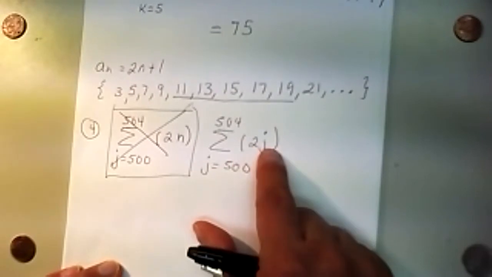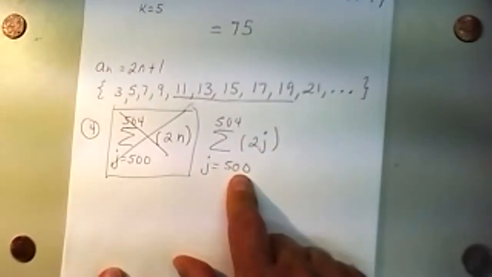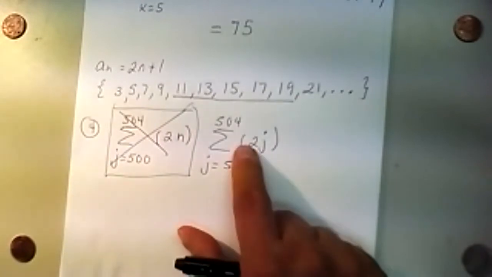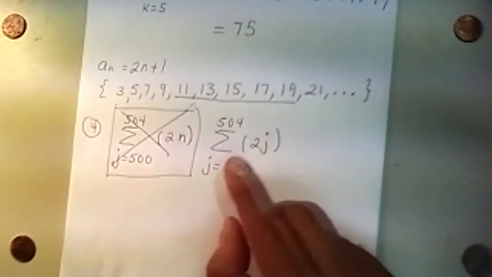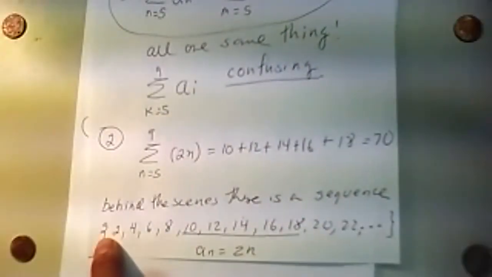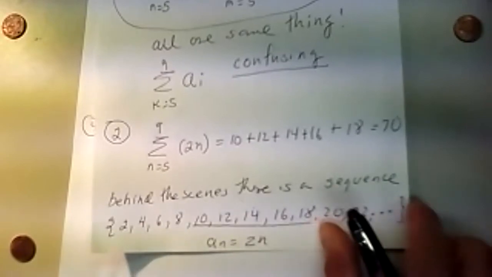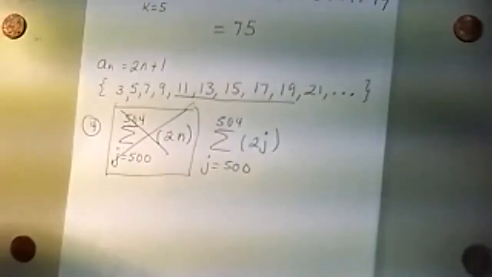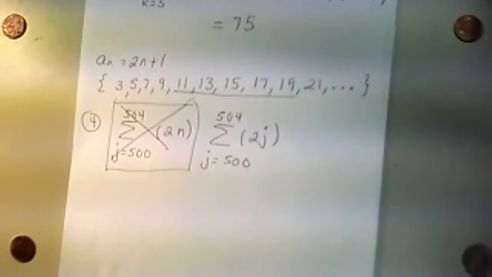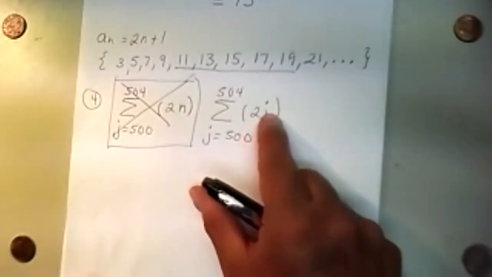2j. So those are the even numbers starting with the 500th element of that sequence of even numbers that start with 2. But of course, we're not going to start with 2 and then count 500 of them. That's going to take too long to figure out what the 500th element is. What we do instead is we just figure out the actual number.